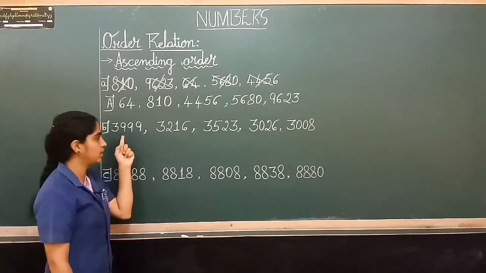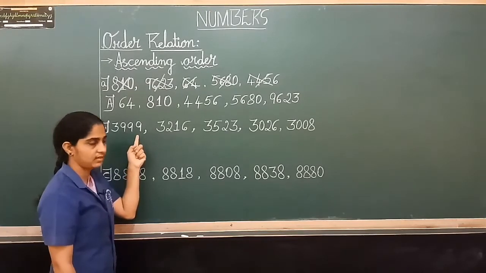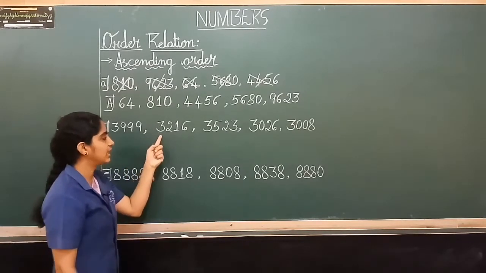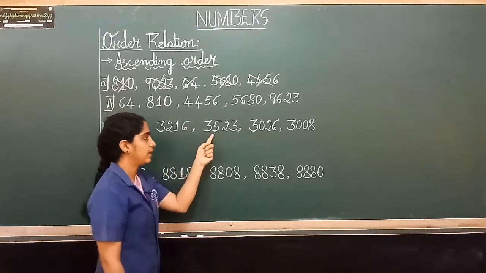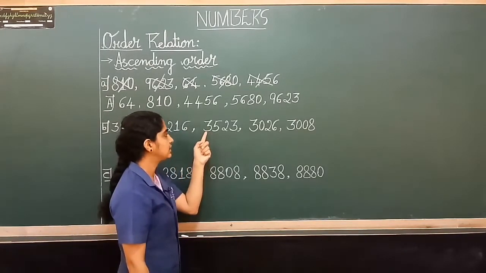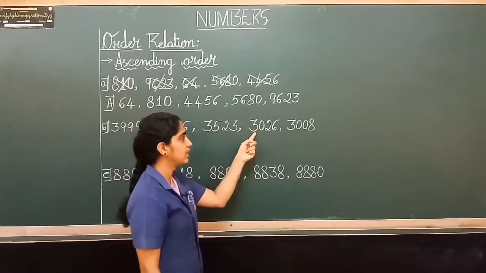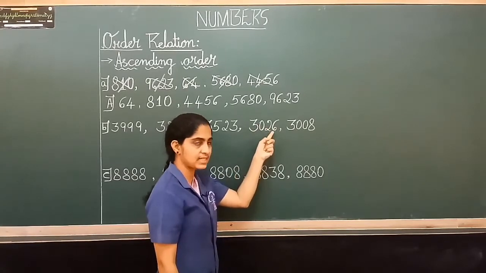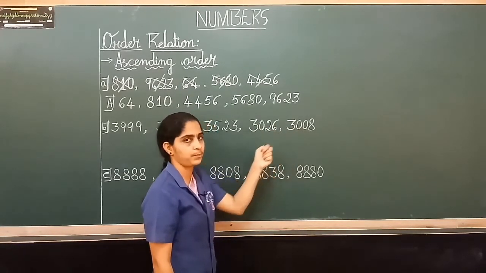Here we have number 3999. Next we have 3216. Next number we have 3523. Next 3026, and the last number is 3008.